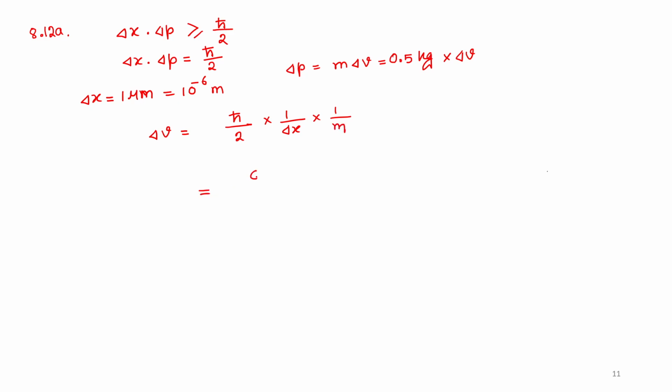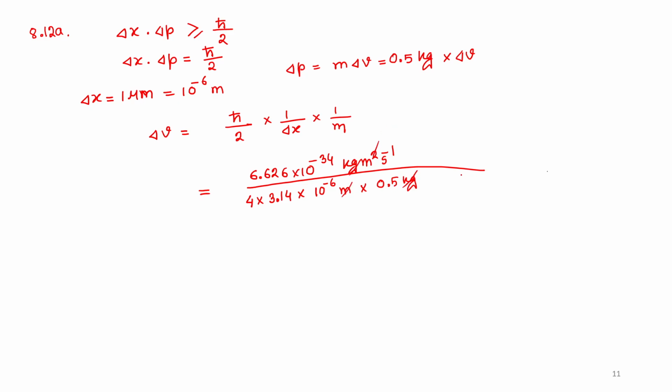The h cut is 6.626 into 10 to the power minus 34 kg meter square second minus 1, divided by 2 pi, which will be 4 pi, 4 into 3.14, then 10 to the minus 6 meter and 0.5 kg.